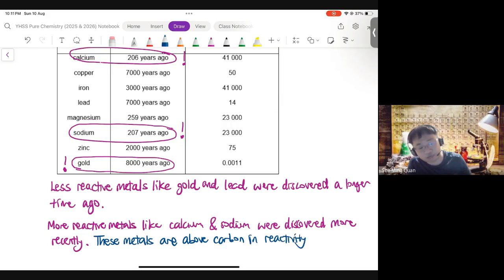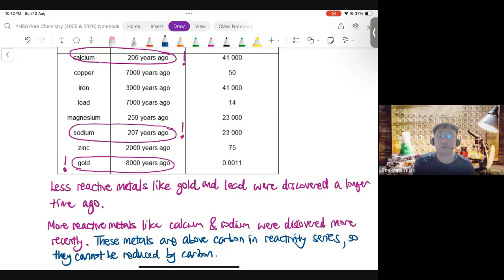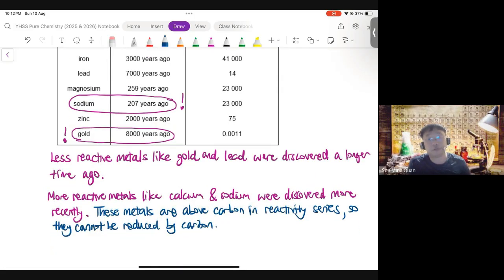And because they are above carbon in the reactivity series, they cannot be reduced by carbon, right? We just learned that.